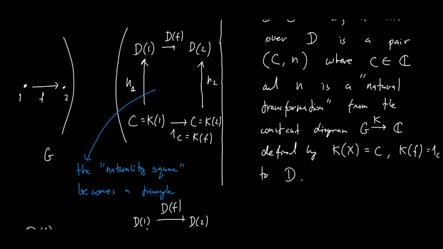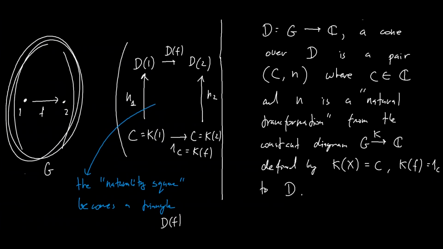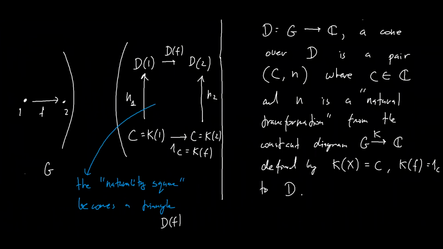The notion of a natural transformation does not say anything about composition or identity morphisms in the domain category. So we could literally restate the notion of a natural transformation from functors to diagrams.